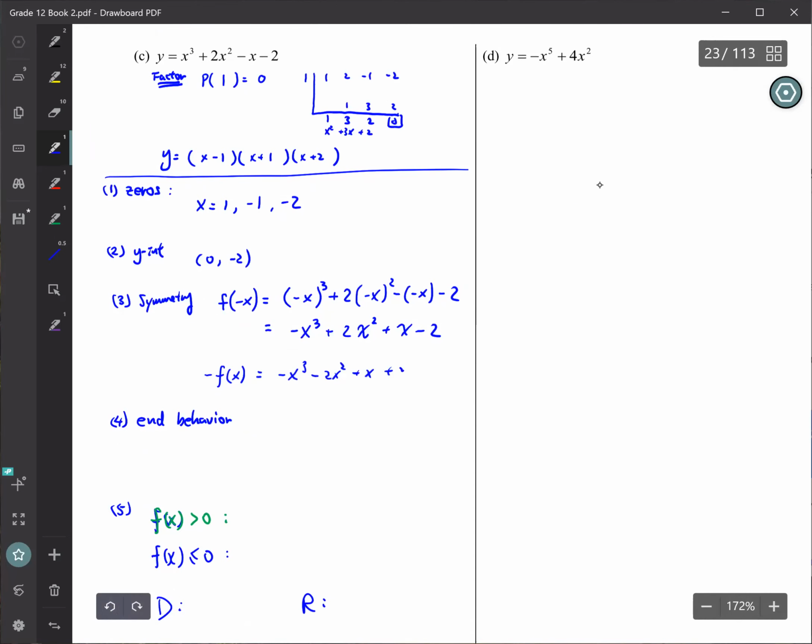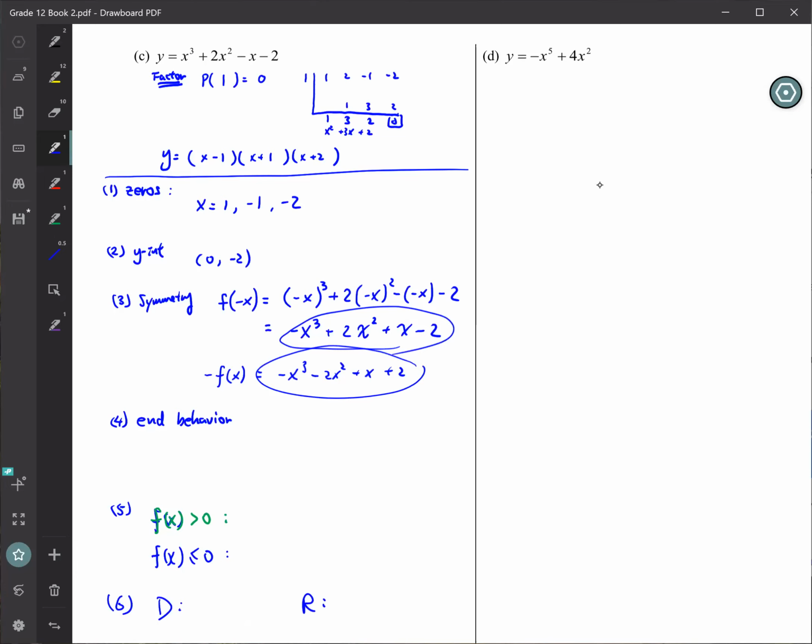Do you think this equals f of negative x? No. Still not the same, right? So we tried both, and none of them works. So this one has no symmetry. That's how you make the conclusion.